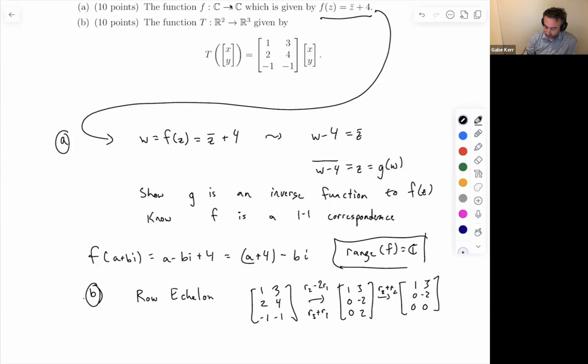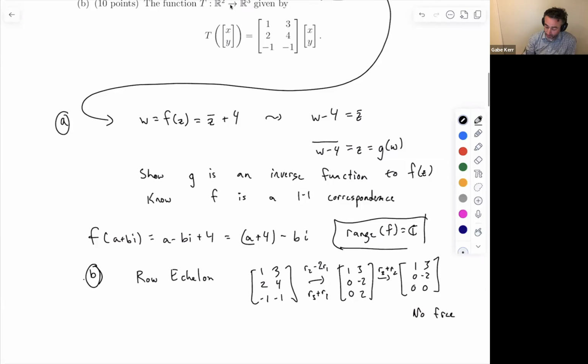Because it's in row echelon form, we have this staircase, and we can see how many columns are basic versus free. No free columns, and when you have no free columns, the kernel is 0. When you have zero kernel, it's one-to-one, which implies T is one-to-one.